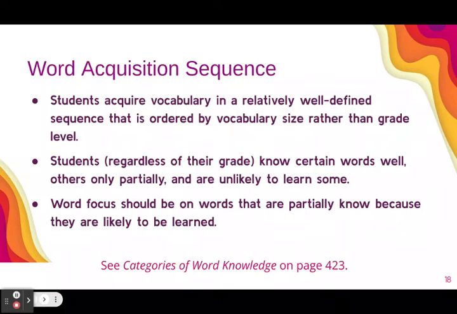Students, regardless of the grade, know certain words well, others only partially, and are unlikely to learn some. Word focus should be on words that are partially known because they are likely to be learned. So that's really important to remember. You don't want to go for those like $1,000,000 words all the time. The words that are kind of known are the ones that are going to stick the most. And there's a great list on page 423.